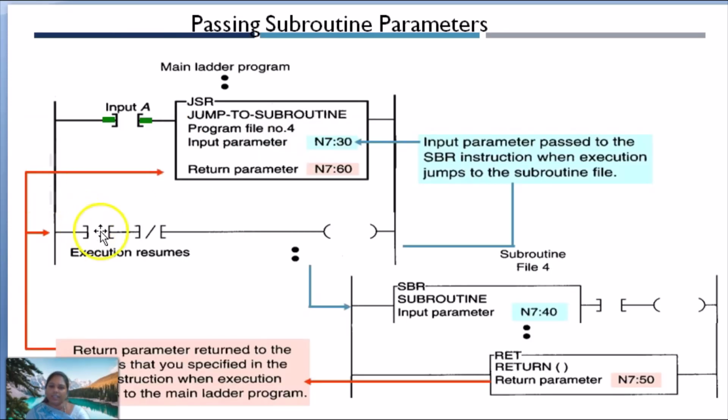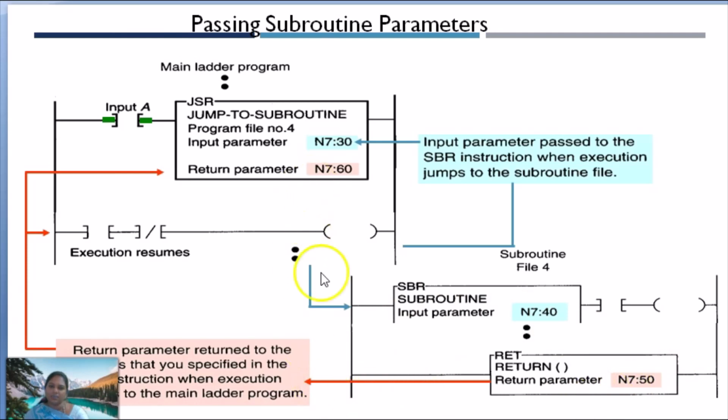And here we have to pass parameters like this. The input parameter is N7:30, which maps to N7:40 in the subroutine, so the data in N7:30 is passed to N7:40. Whatever process we have to do in the subroutine, addition, subtraction, will be done here, and the result is stored in N7:50.